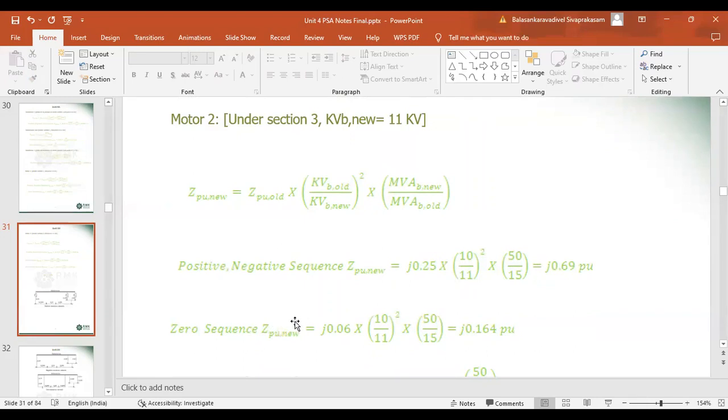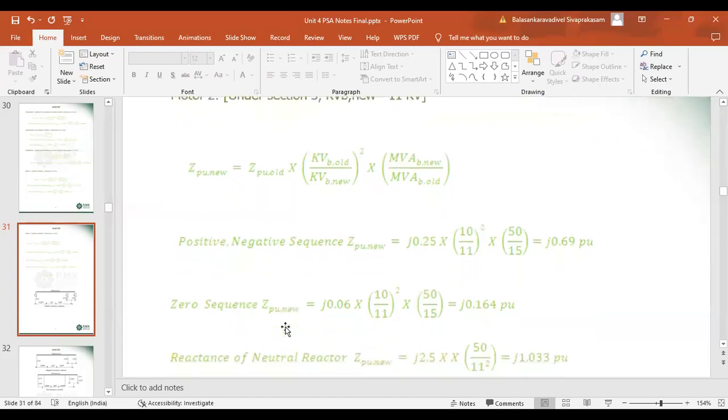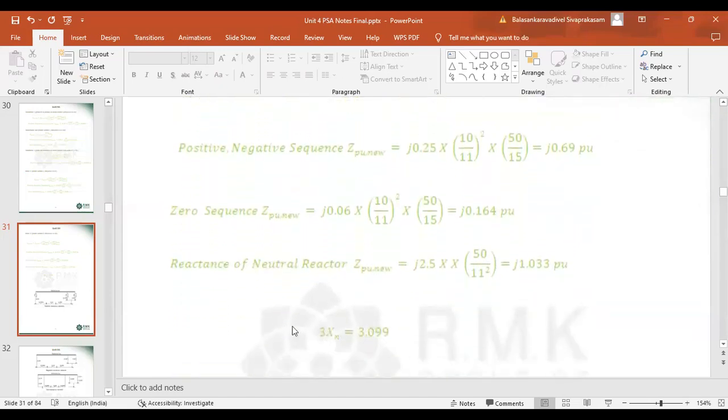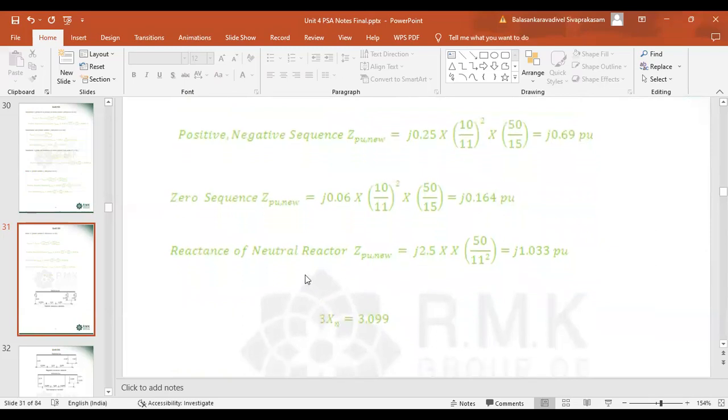Now we have calculated all the reactance values. For the motor also, the neutral reactance value is given, and we have to calculate this separately as 3 into Xn. Like the generator, here also we have to calculate the value of 3 into Xn, which is 3.099.